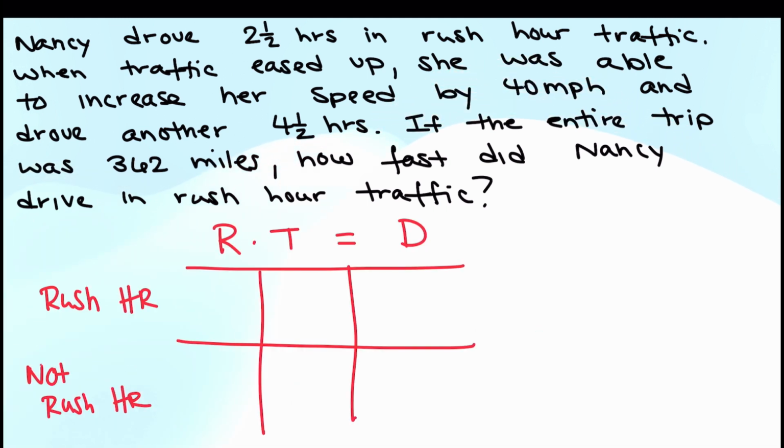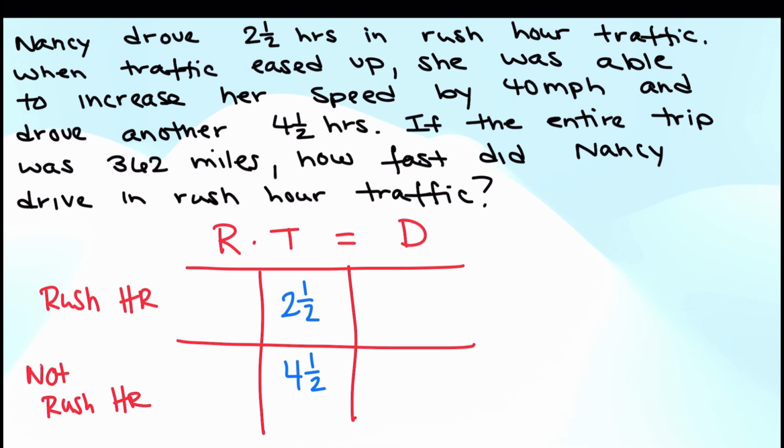I'm also going to create a table to help me organize the information. I know that rate times time equals distance. So in my table, I'm going to make a column for rate, time, and distance. Those are the important variables here. Now there's two different situations. We're given information about when she was driving during rush hour traffic and then when she was driving not in rush hour.